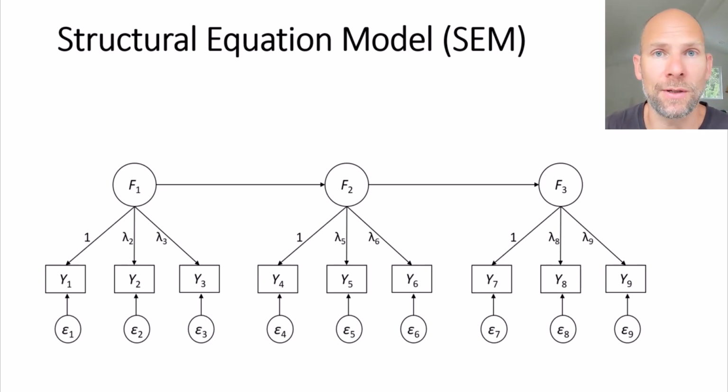So then this would still count as a structural equation model. So basically what you could say is that a confirmatory factor analysis is a special case of an SEM where the factors are only correlated and where you're not assuming any direct effects between the factors.